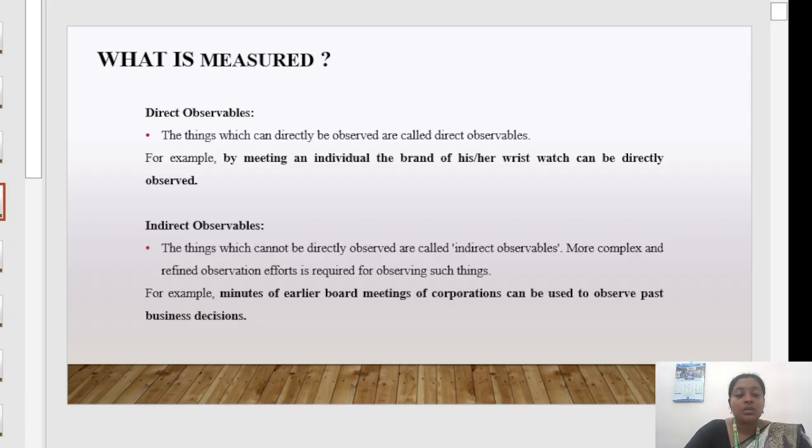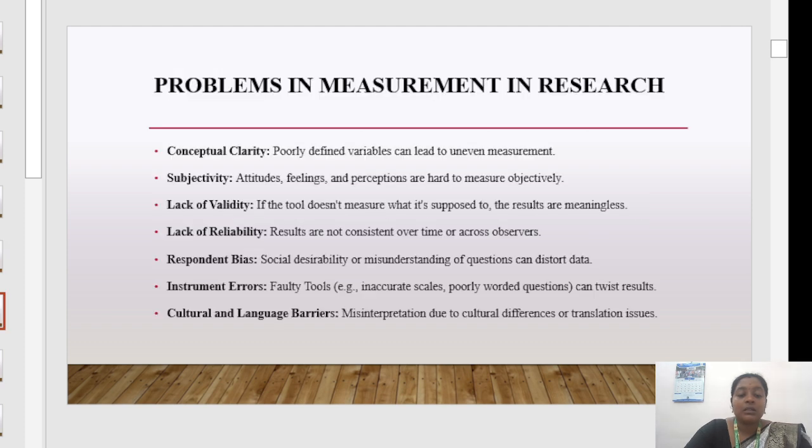Problems in measurement: although measurement is an essential part of research, several problems may affect its accuracy and effectiveness. One of the major problems is the complexity of social phenomena. Human attitudes, emotions, beliefs, and behaviors are often dynamic and difficult to quantify accurately.